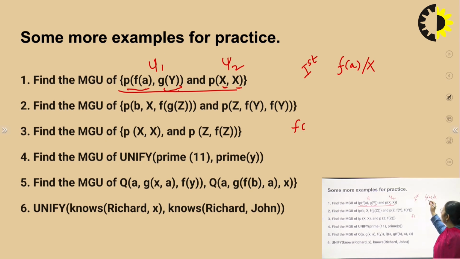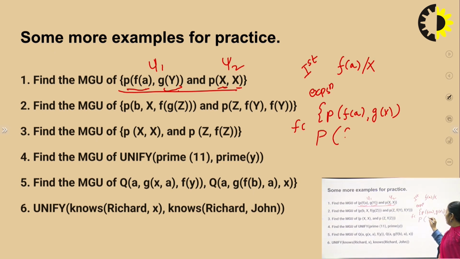Then we have to replace all the x present in any of the expressions. So the first expression remains the same, and the second expression will become p of f of a comma f of a.